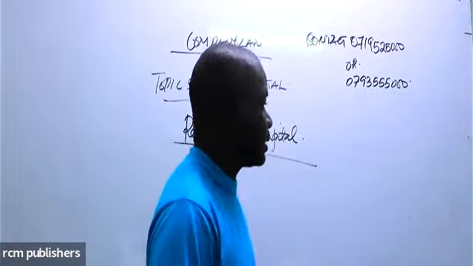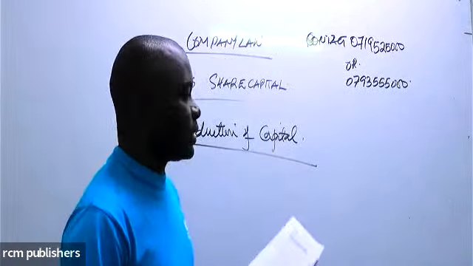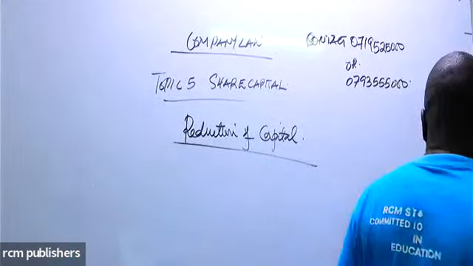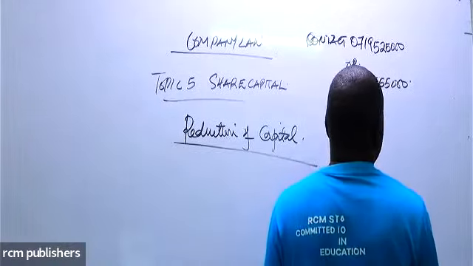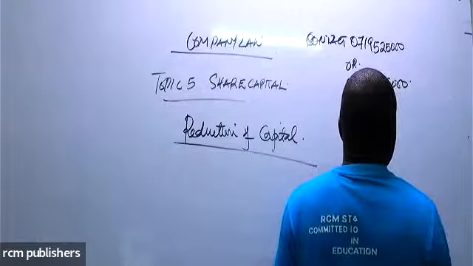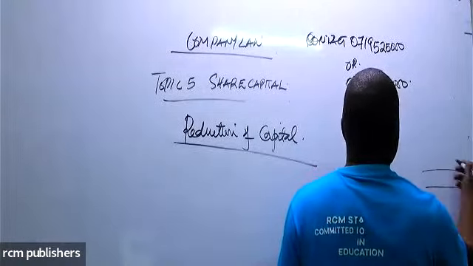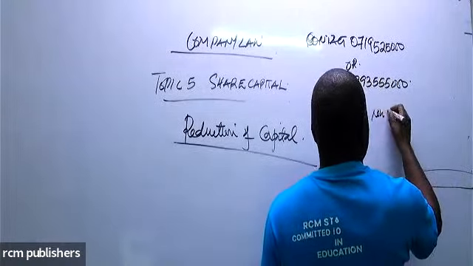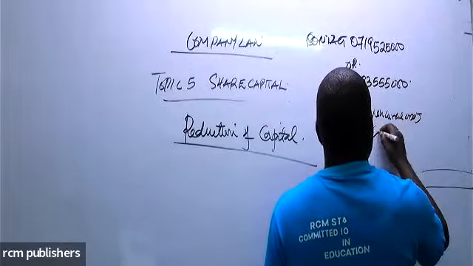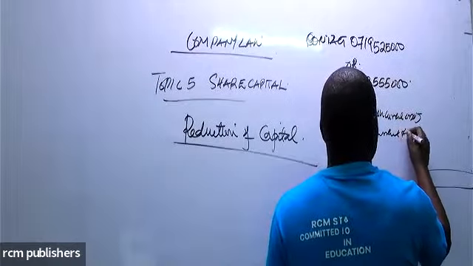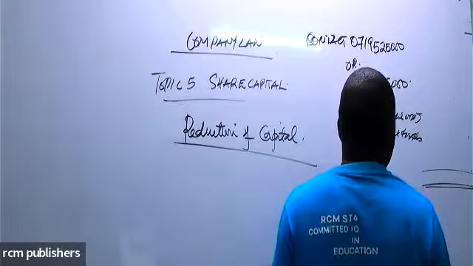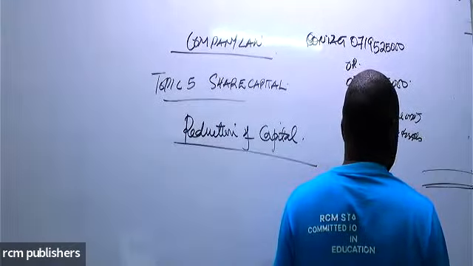Remember, probably when you're talking about raising capital, you go to raise capital. So for example, the balance sheet will show now your fixed assets and current assets. The other side will have capital and liabilities.